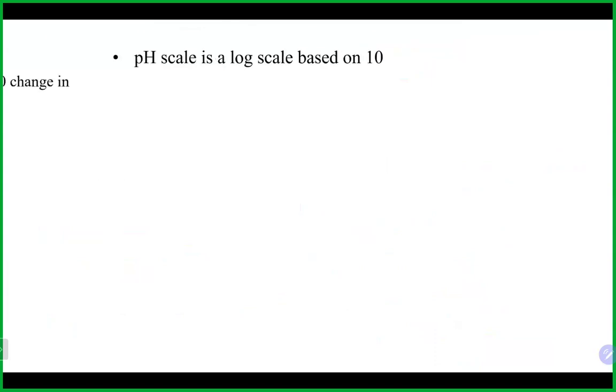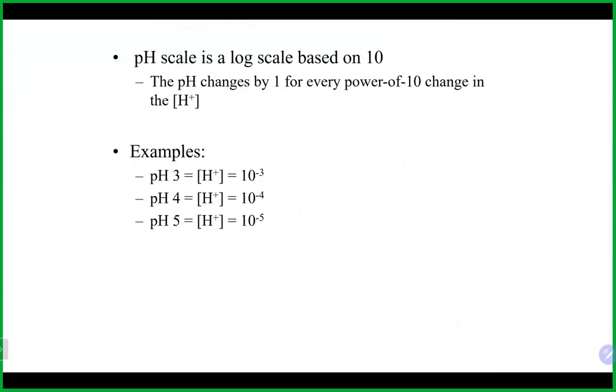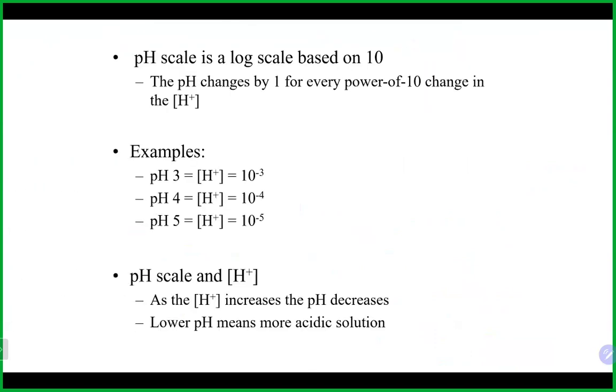All right. So the pH scale is based on a log of 10. As the pH changes by a factor of 1, goes from like a pH of 3 to a pH of 4 to a pH of 5, the concentration of H plus changes accordingly by a factor of 10. So a pH of 3 is 1 times 10 to the minus 3, pH of 4, 1 times 10 to the minus 4, and so forth.